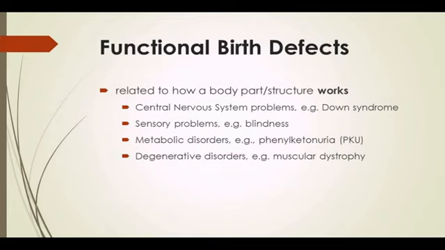However, although I categorize birth defects into two categories here, they are actually interrelated. What I mean is that some structural birth defects have functional reasons. So this is the definition of birth defect.